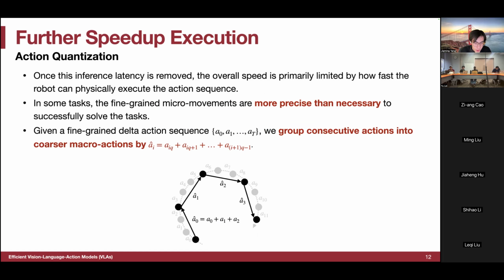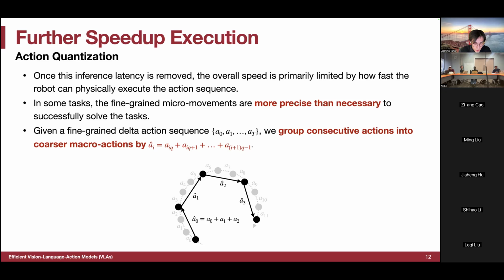Here is a very simple trick to further speed up the robot execution. This is very similar to Figure AI's sport mode on the Helix robot. Once the inference latency is removed by the asynchronous inference, the remaining bottleneck is simply how fast the robot can physically move in the action sequences.